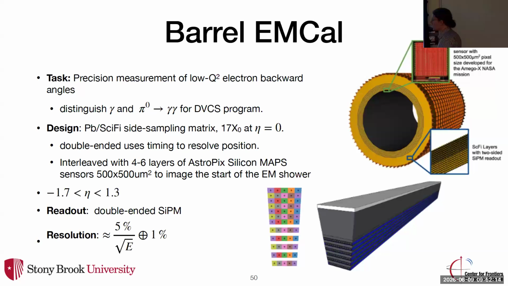But for DVCS, we really want to see single photons. So we want to be able to see if those two showers are one or two showers very, very close together. And that's another good reason to have these 500 by 500 micron pixels to look at the start of it.